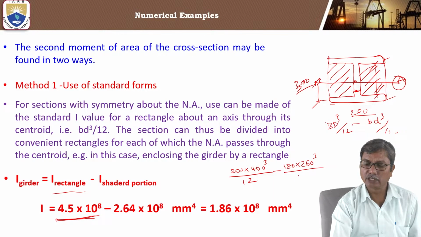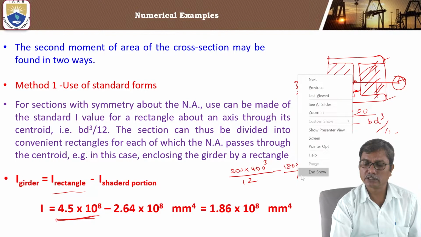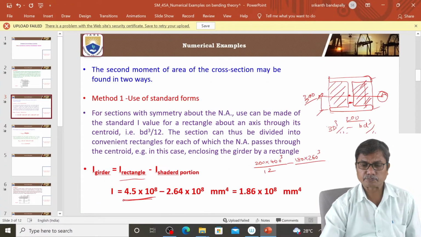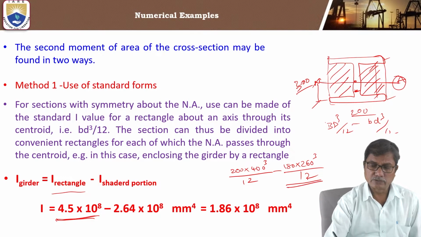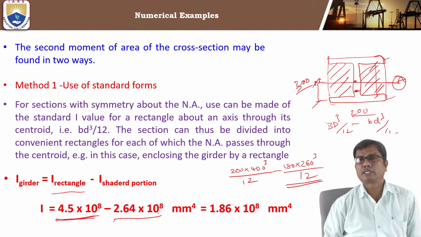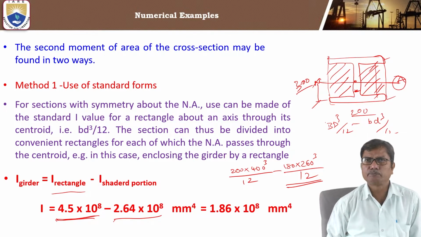So 180 into 260 cube by 12, and this value comes out to be 2.64 into 10 power 8 mm power 4.